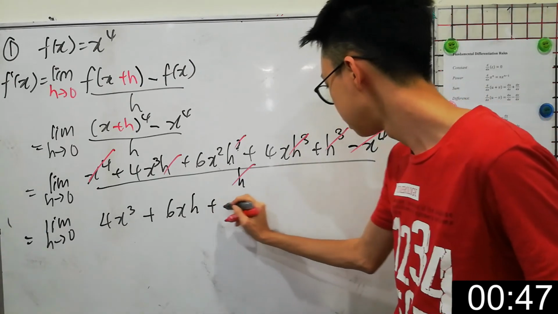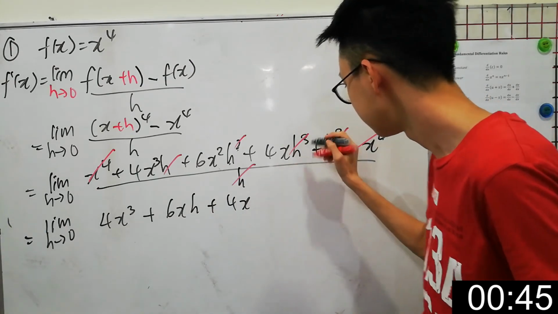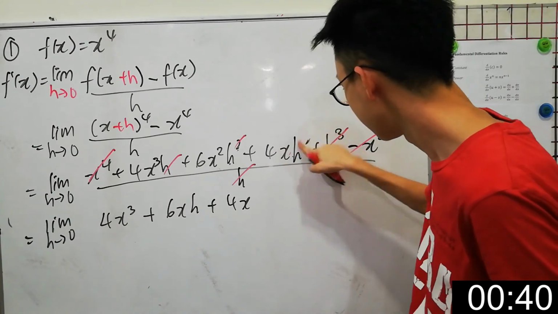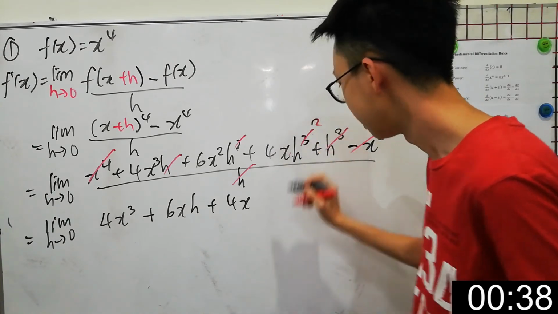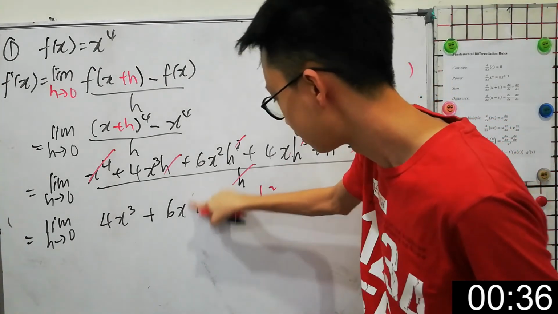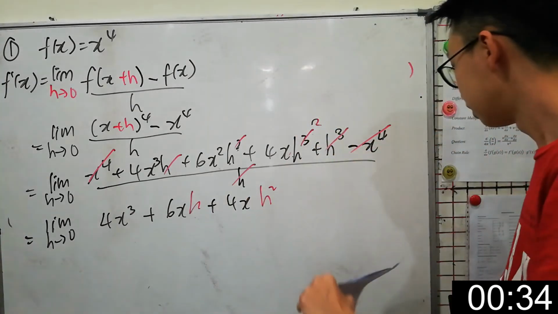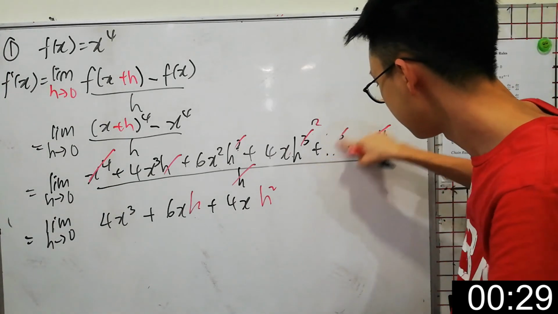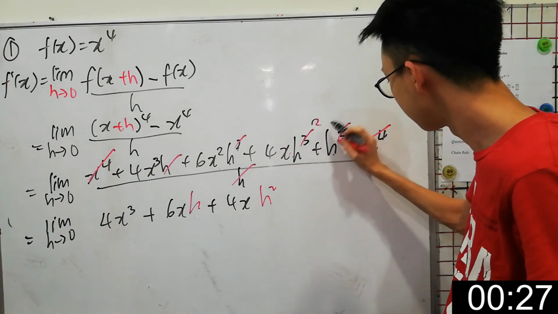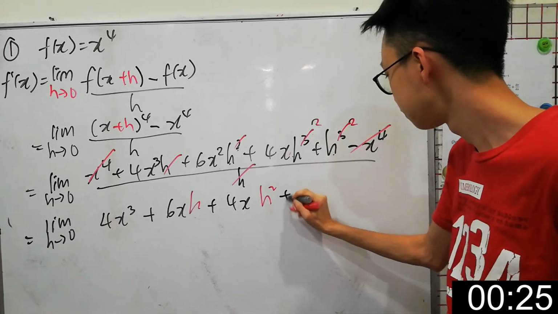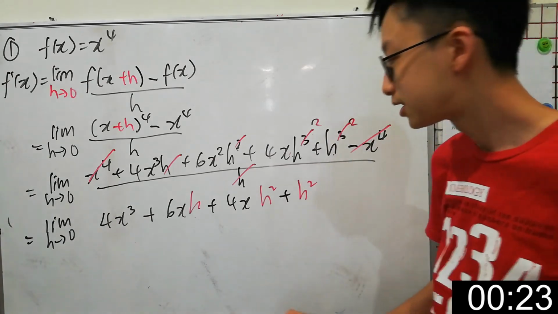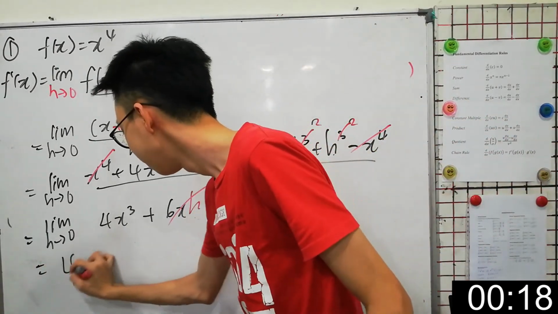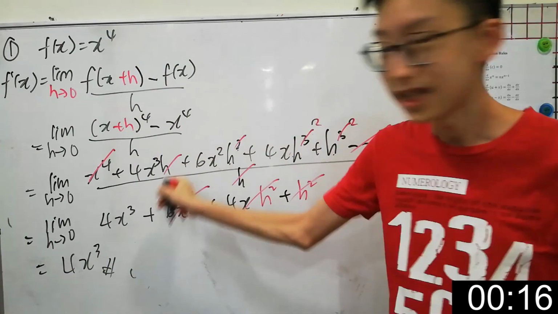Then plus 4x h squared, and this h cubed becomes h squared. Then now we substitute 0 for all the h, so this will be 0, 0, 0. So the answer will be 4x cubed, and that's the answer.